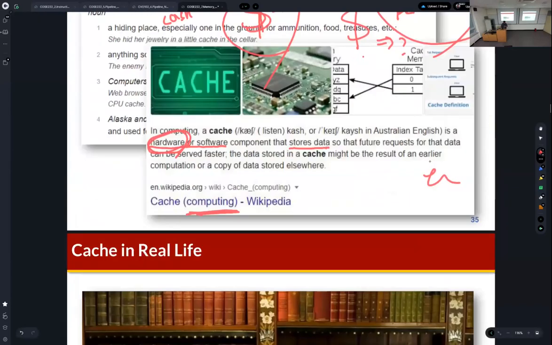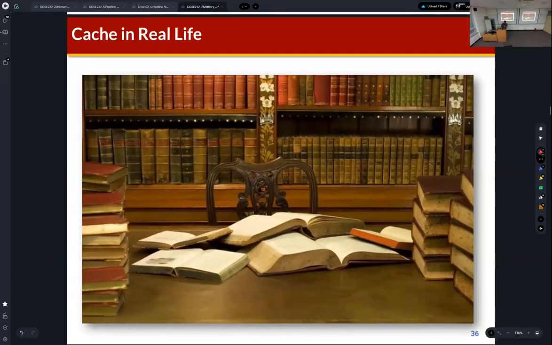Let's see an analogy of cache in real life. In this slide you can find the bookshelf here. The bookshelf has many books. Let's say that you are preparing for the computer architecture exam, which means you need to read a textbook.